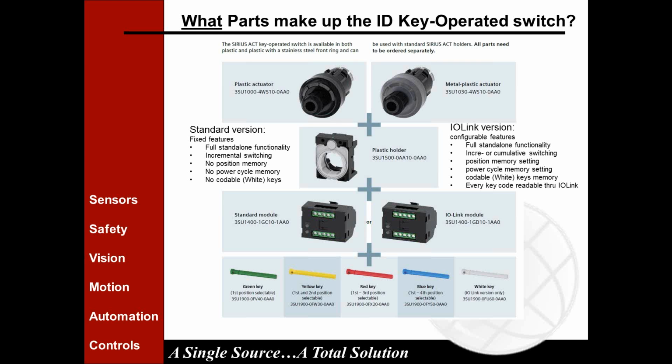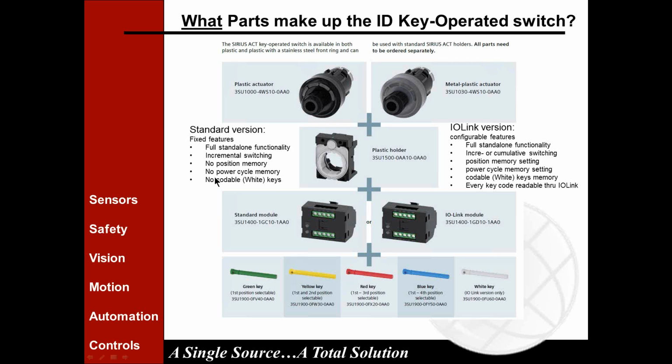The difference in cost between the IO Link and the standard module is not very much. It's less than $50, and I would highly recommend that even if you're not planning on using an IO Link version, that you get the IO Link version so that it allows future expandability or upgrades. There's not that much difference in the cost, and it really opens up a lot of nice features.